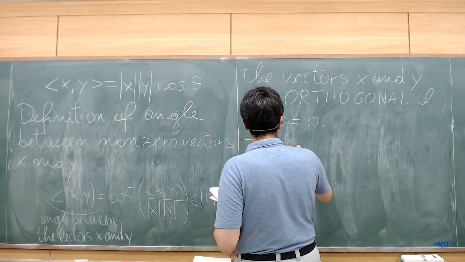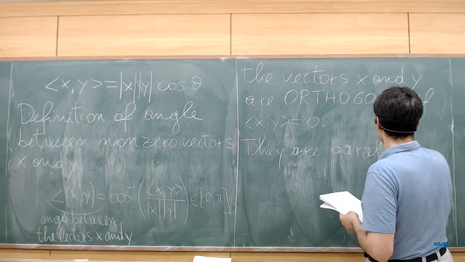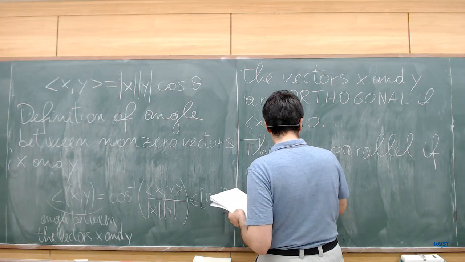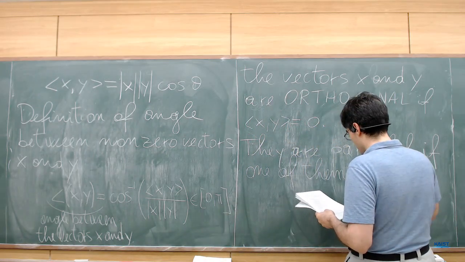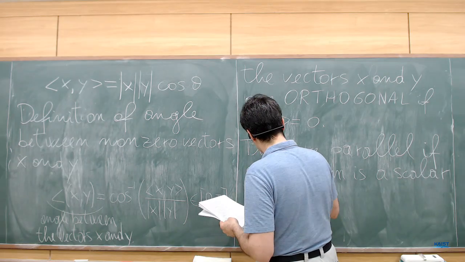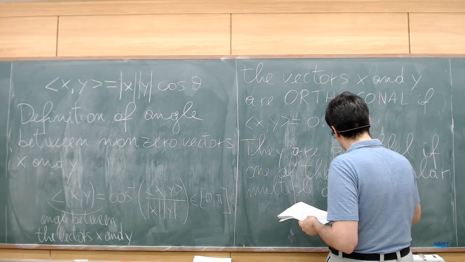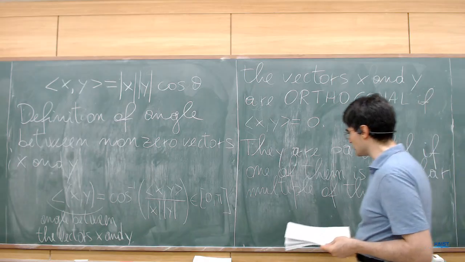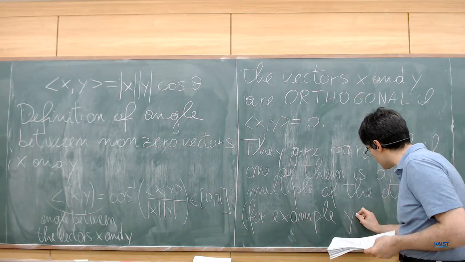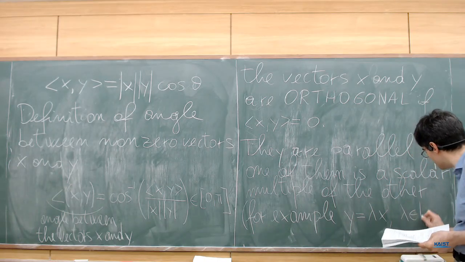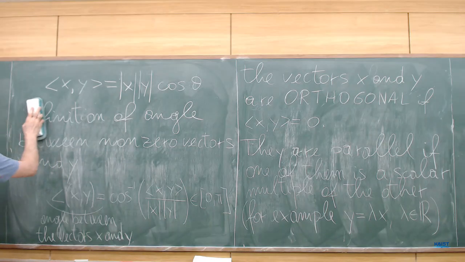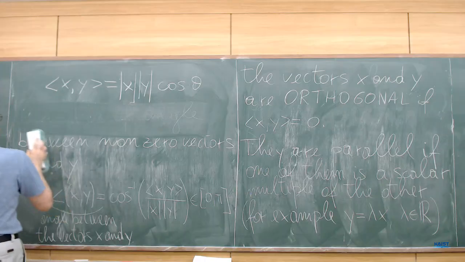They are parallel if one of them is a scalar multiple of the other, so for example y is equal to lambda x with lambda in R. What are the consequences of the orthogonality on the value of the angle theta between two vectors?